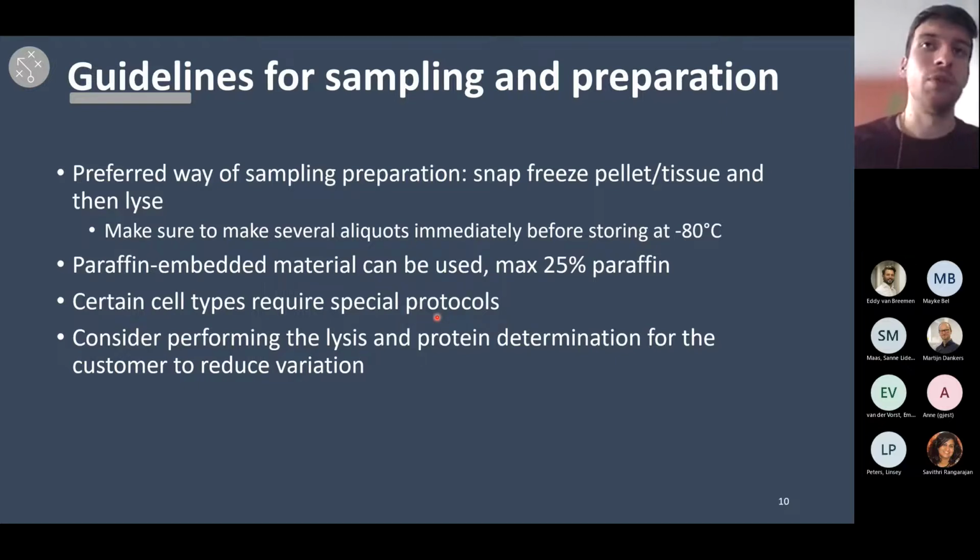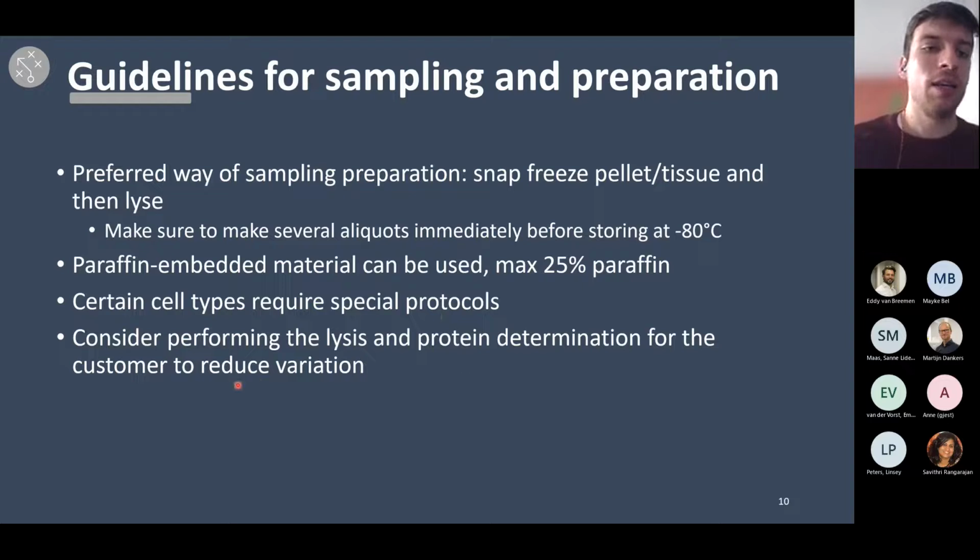We might have a protocol available, so it's always worth sending us an email to talk about what will be the best strategy. But in some cases, it will also be necessary to perform some optimization yourself. But more on that in a couple of slides.